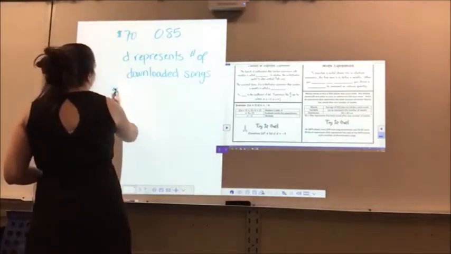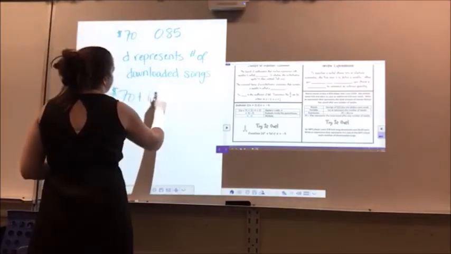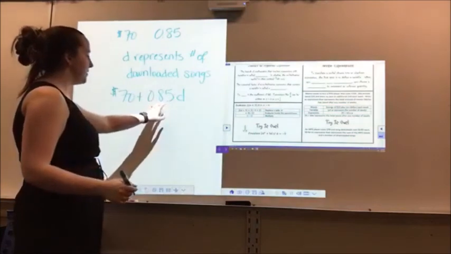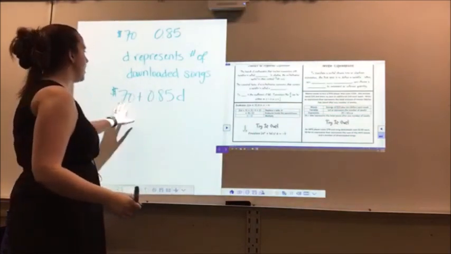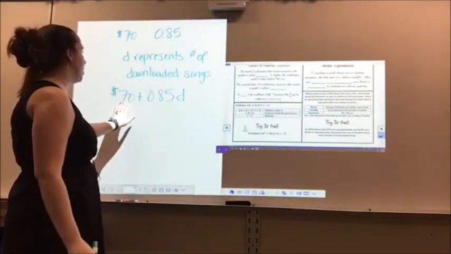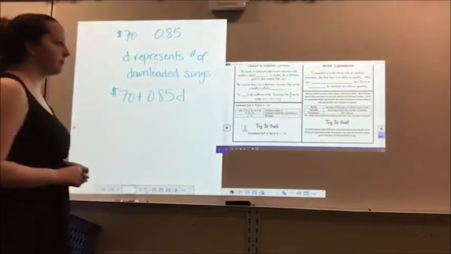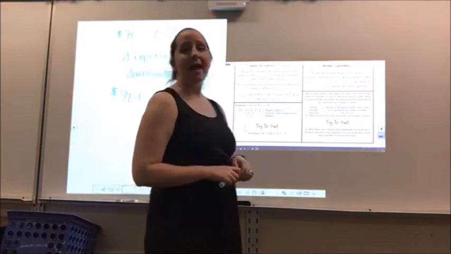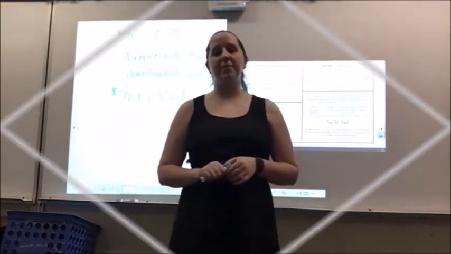So I have 70 plus 0.85 D. Because it's 85 cents for every downloaded song, and my MP3 player costs $70. And that is the end of Chapter 5, Lesson 1.